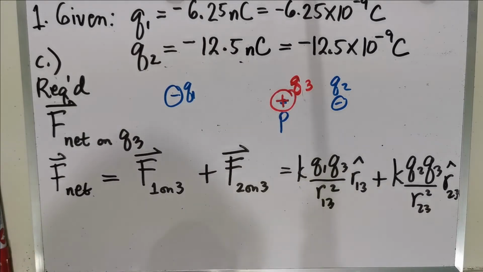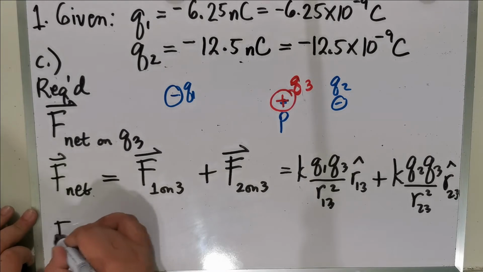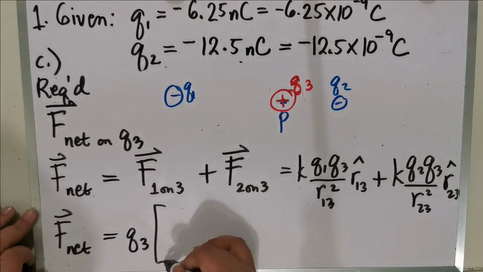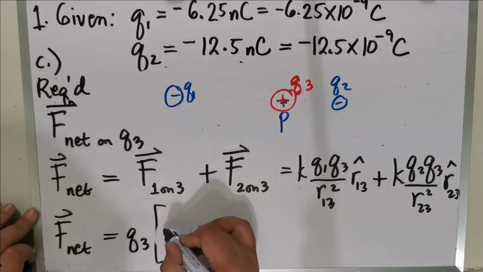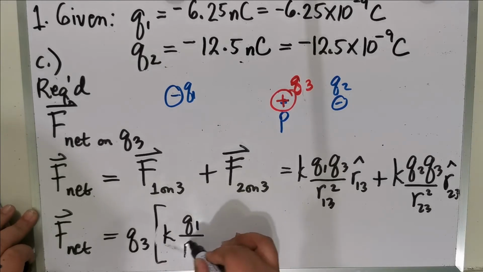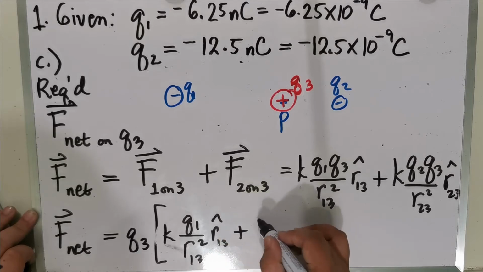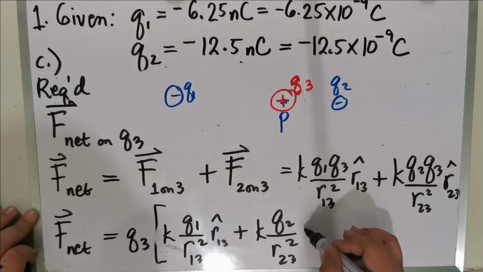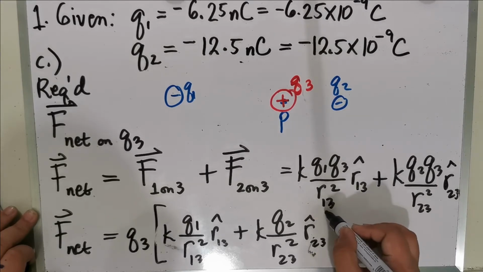So if we factor out Q sub 3, F net would then be equal to Q sub 3 times the quantity K Q1 over R13 squared R13 hat plus K Q2 over R23 squared R23 hat.